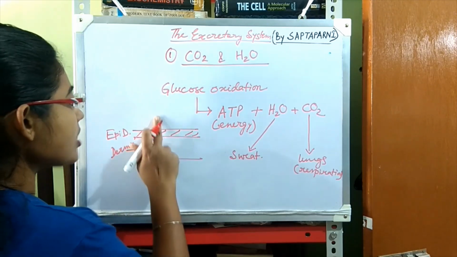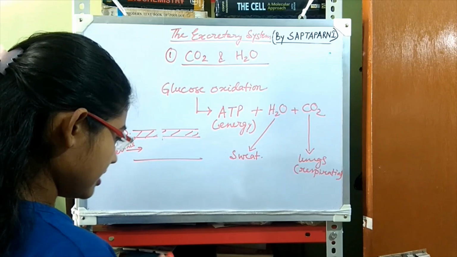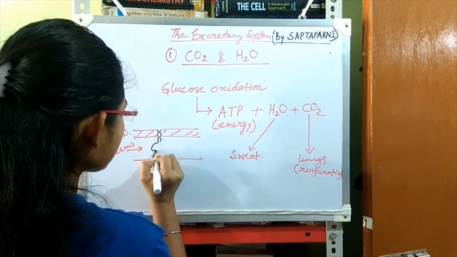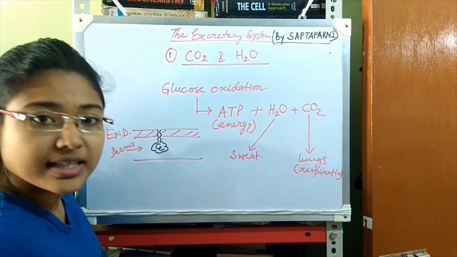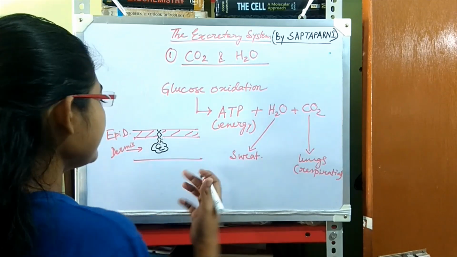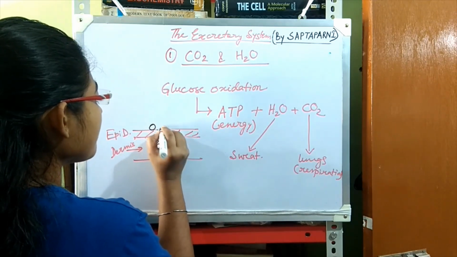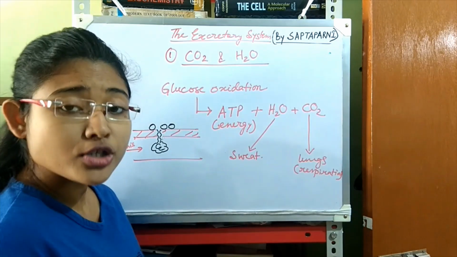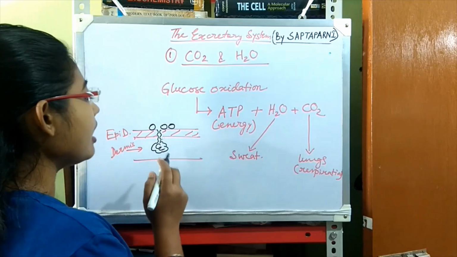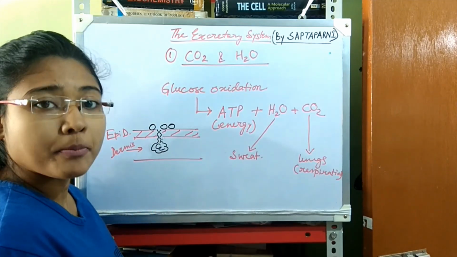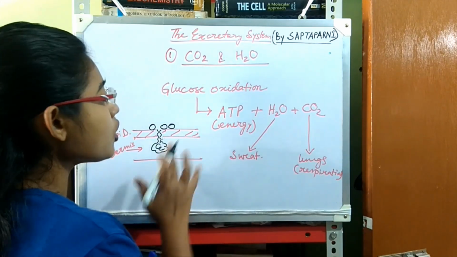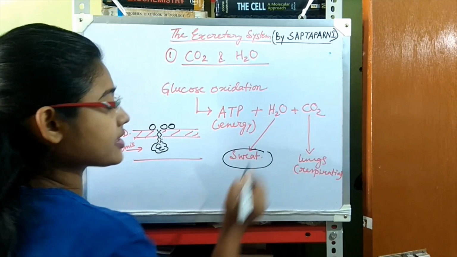Okay. And our sweat gland, see, if this is our sweat gland, it is present in the dermis. When our body gets warmer, it secretes salts, NaCl, and water along with some lactic acid and urea, and by the process of vaporization, our body loses heat. Okay. So, sweating is not a type of excretion.